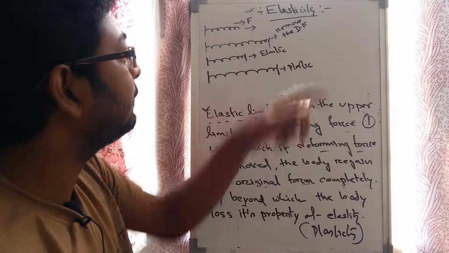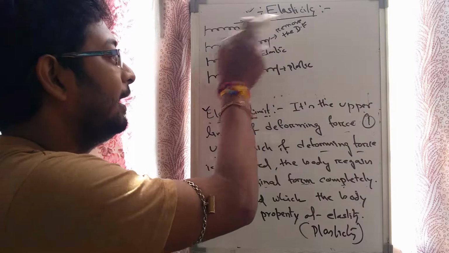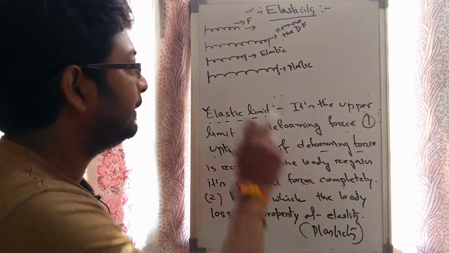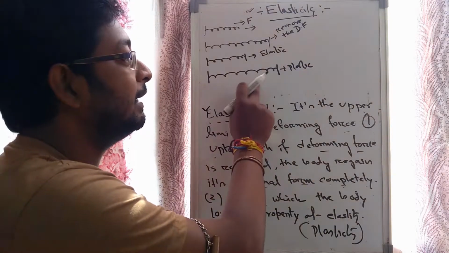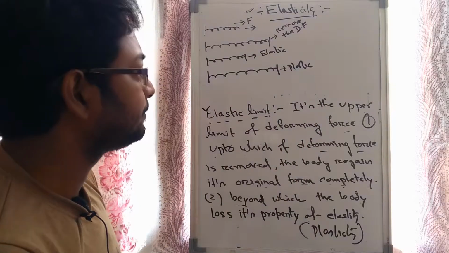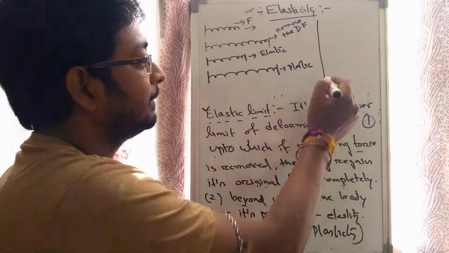Then after removal of this deforming force, if the spring again regains its original size, we can say this is elastic. But if it loses the tendency to regain its original size, then we can say this is plastic.